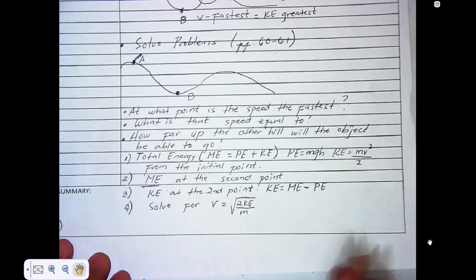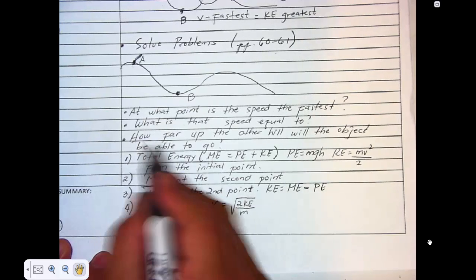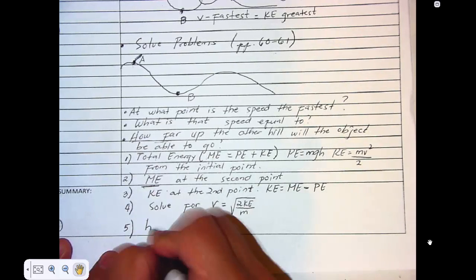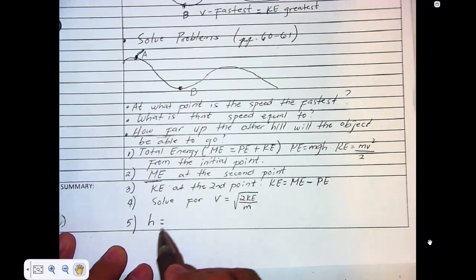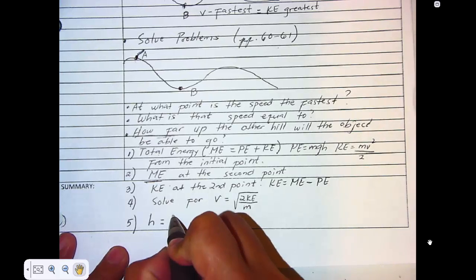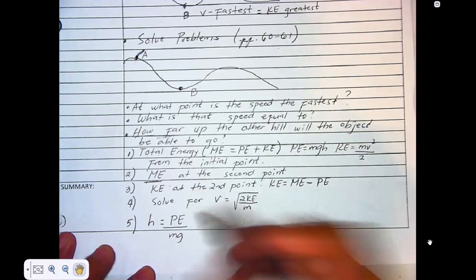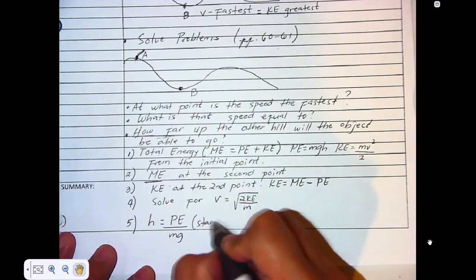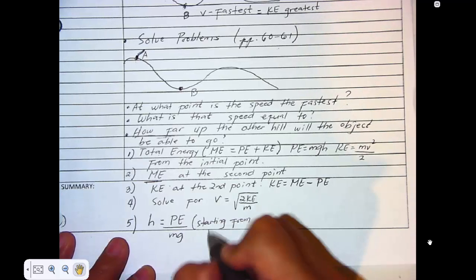And right after you do that, now you can solve for how far. How far means the height. And if the object is starting from rest, then you will use PE over mg. Okay? Starting from rest.